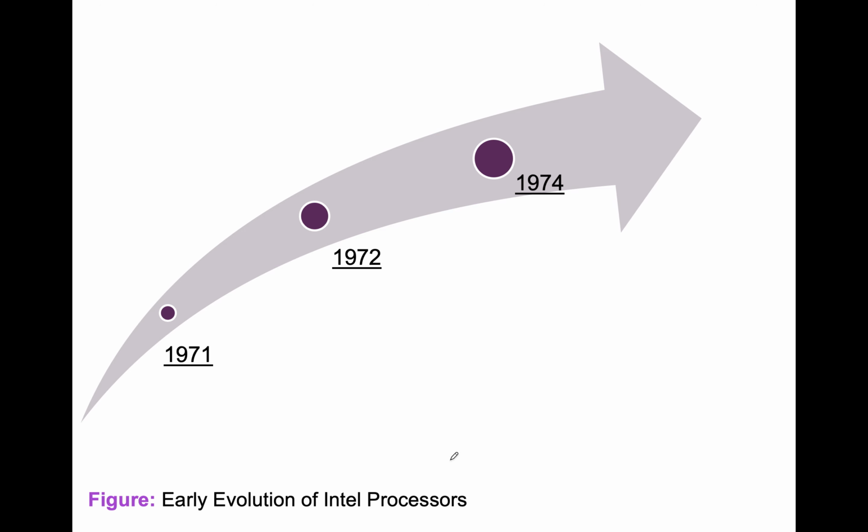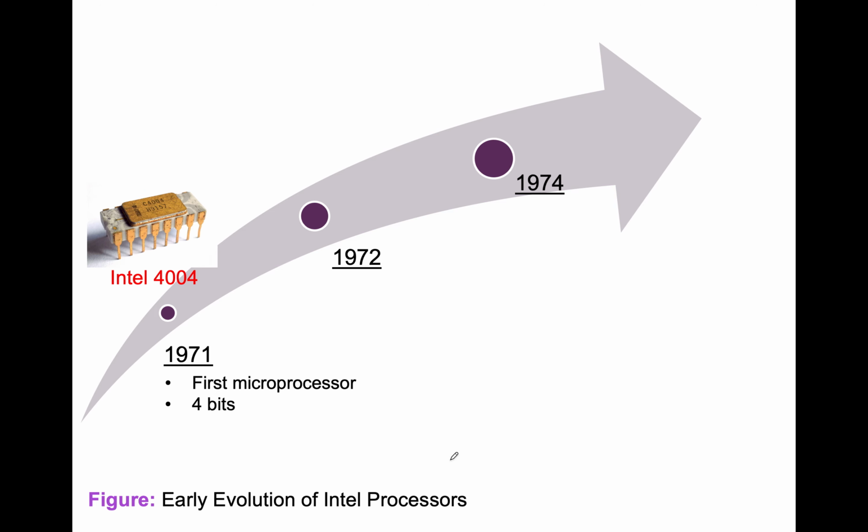Early evolutions of Intel processors: whoever works at Intel or has experience dealing with it might know about this. You can see last time it looked like this, very big. When I learned about processors, I saw this IC. It begins from pin 1, pin 2, pin 3, and we need to count the pins and name them following the anti-clockwise direction.